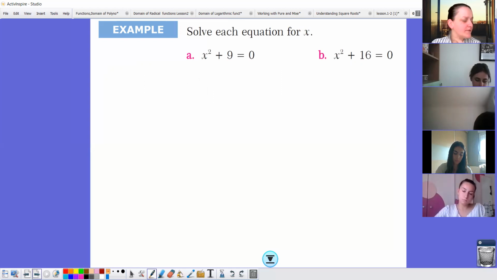Now here you have another question. Solve each equation for x. I will give you time to solve the first one. The second one we solved.